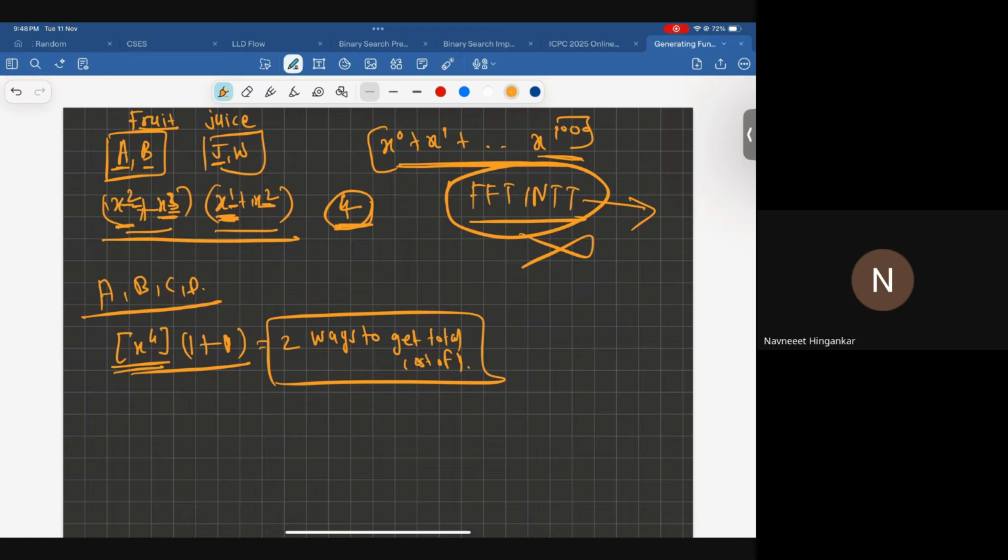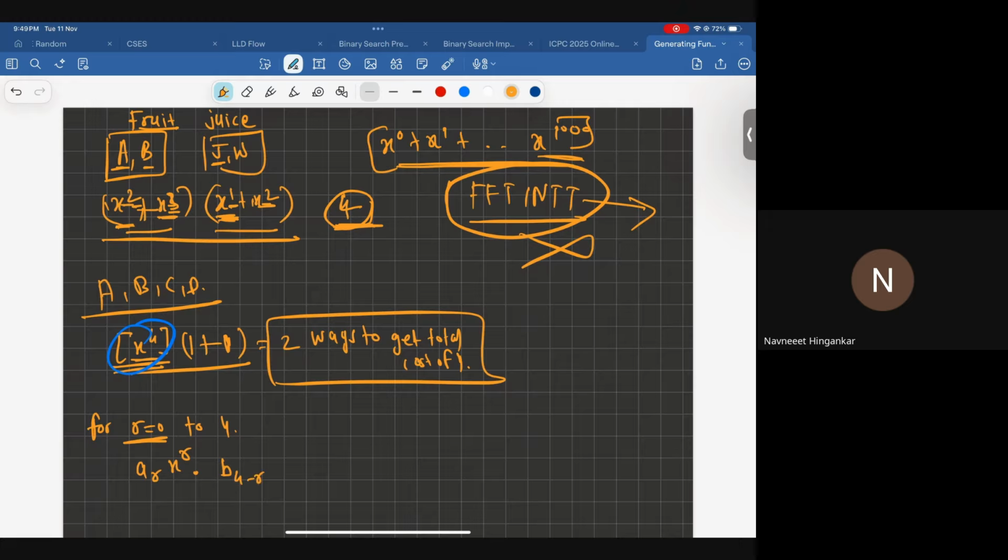All you need to do is write a for loop for r equal to 0 to the term you need, let's say 4. Take one coefficient a_r from the left polynomial, x raised to the power r, and obviously you need the coefficient of x raised to the power 4, this one. So all you will do is multiply it with the remaining term, which is 4 minus r.